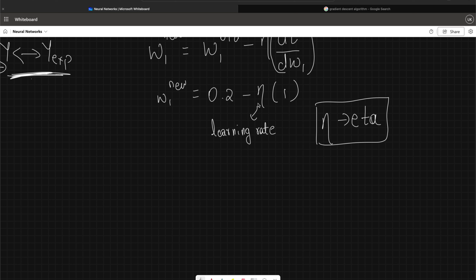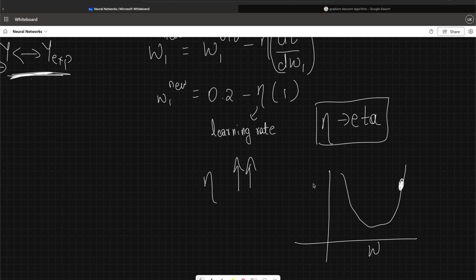Now if eta is too big of a value, then the incremental steps that the value takes are also large. In that case, let me just draw that graph. Assume this is our graph, your initial weight value is here, and this is w, and this is our e. Now it has to go down.